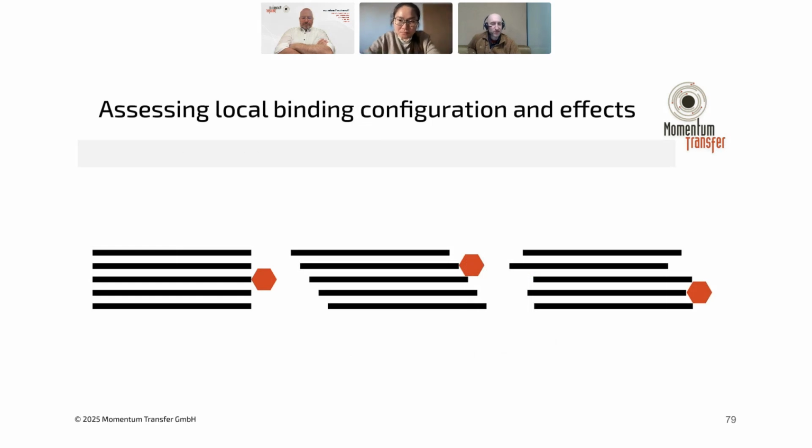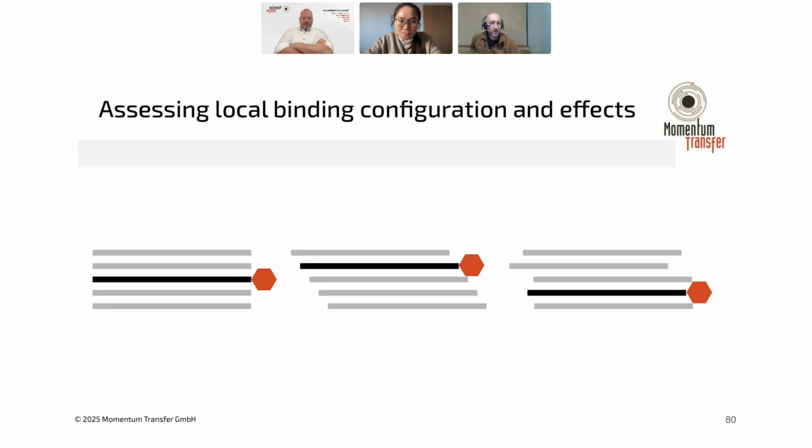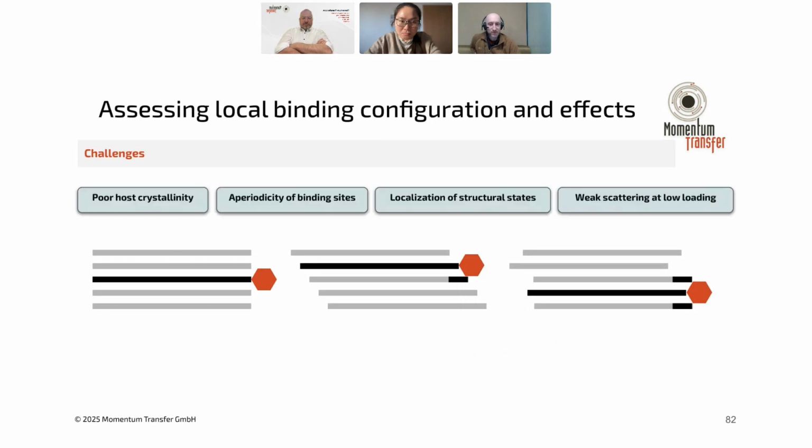Because the covalent organic framework support, even though it's technically crystalline, also has a lot of stacking fault defects, and we don't know exactly how these things bind to the branches and how that affects the stacking relationship of the layers. So locally, we have the binding, but you also imagine there might be correlations coming from neighboring layers or modifications to the layers as well.